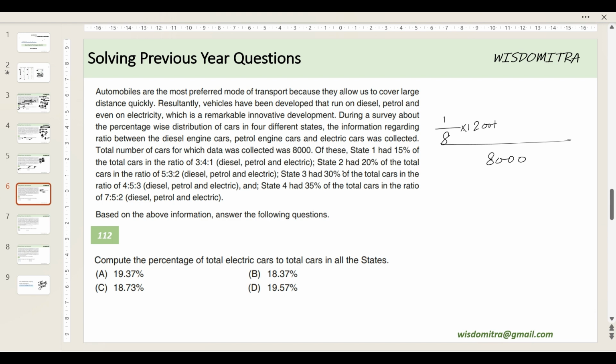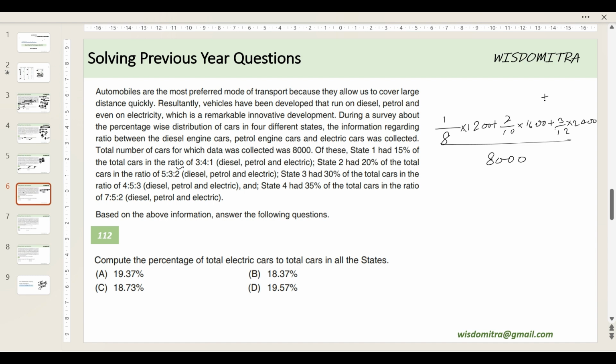And then we need to find out electric cars in all states, right? So state 2, electric cars 2 out of 5 plus 3 plus 2, which is 10, right? 2 out of 10 of 1600, right? And then state 3, electric 3 out of 12 of 2400, right?